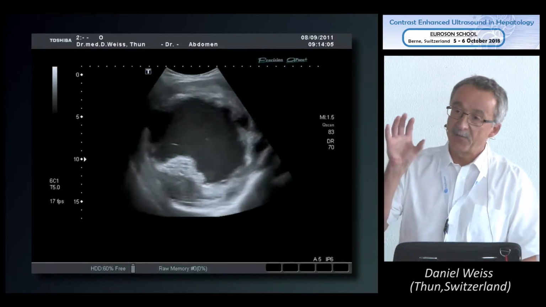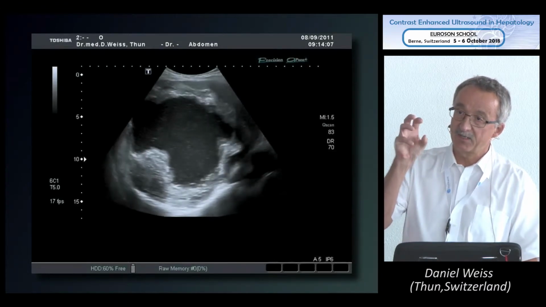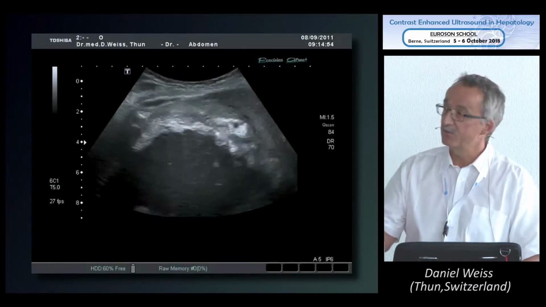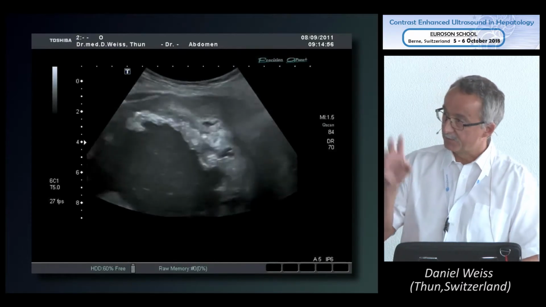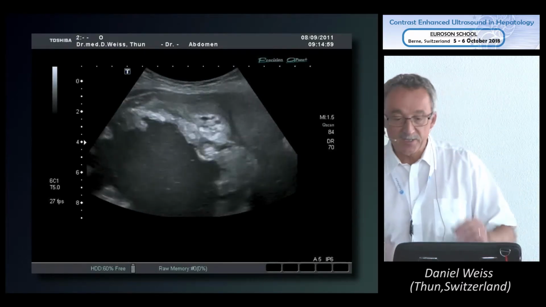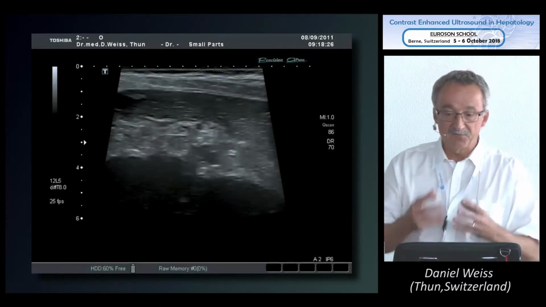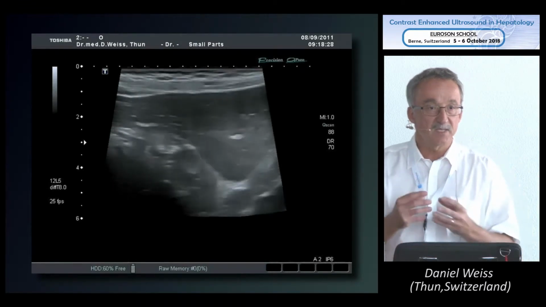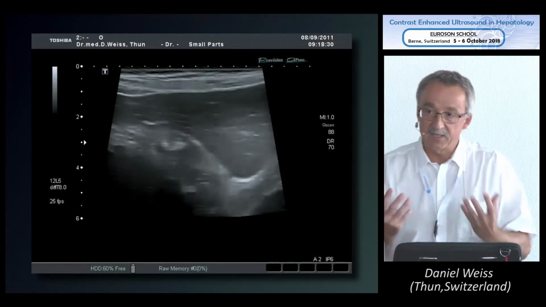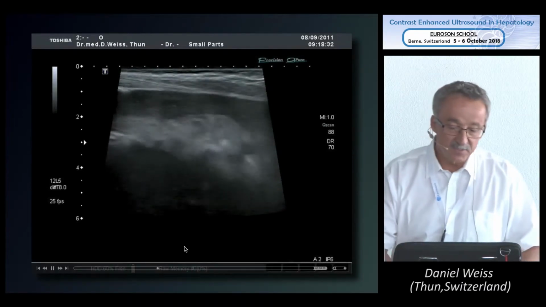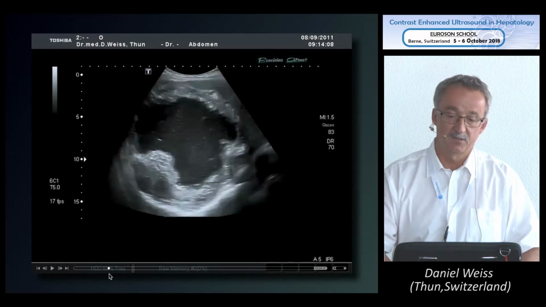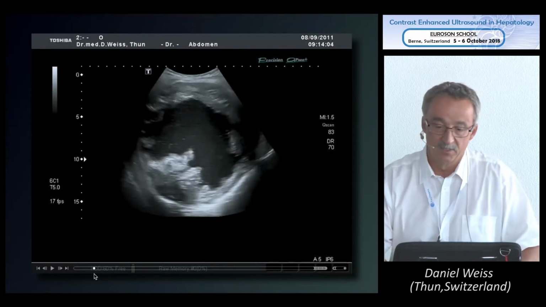When you have a bile duct erosion, erosion, how do you say in English? Erosion. So when you have a contact between the bile fluid and the echinococcus, it makes a necrosis. So it looks like an abscess or like a tumor.